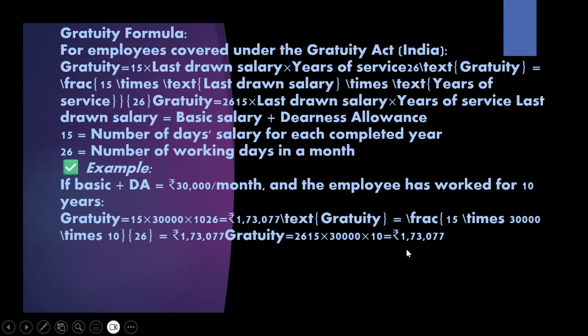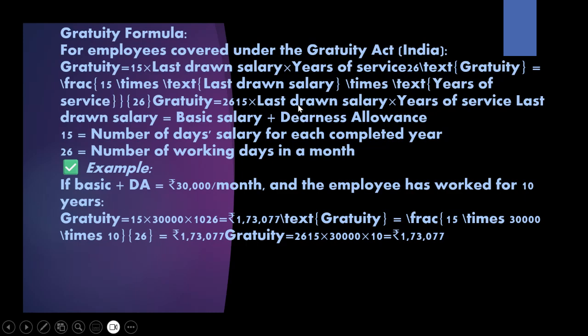Okay, now next is what is the gratuity formula for employees covered under the Gratuity Act, whatever you have read on the previous slide. Gratuity is 15 into last drawn salary into years of service, then 26.